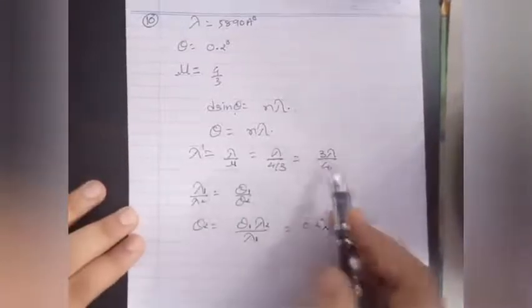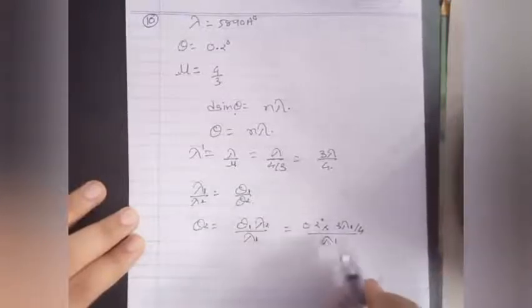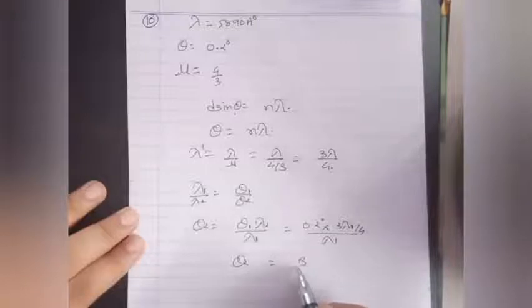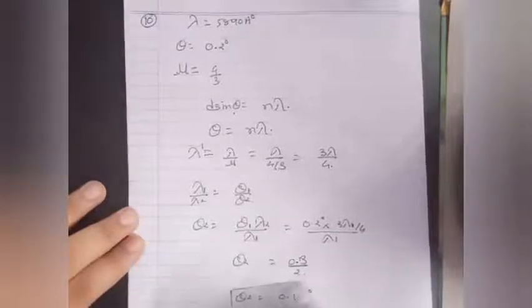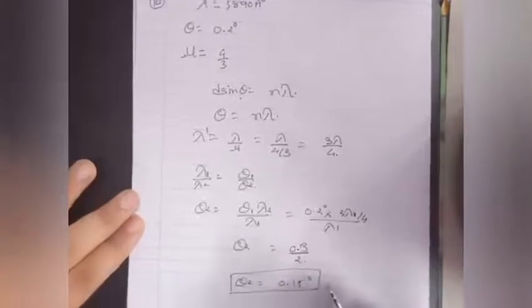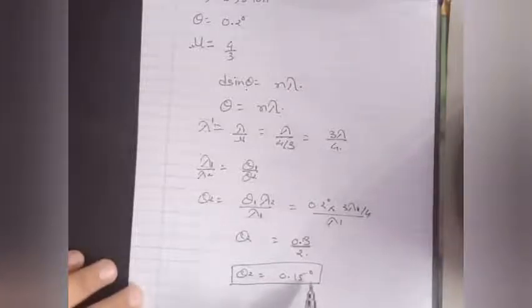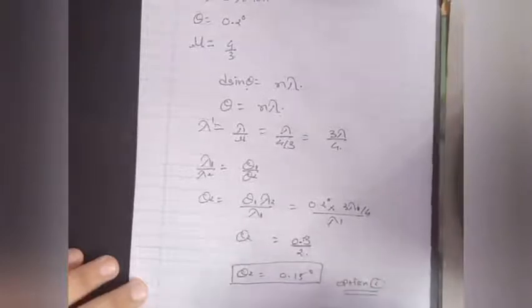Lambda 2, that is lambda dash, that is 3 lambda 1 by 4 divided by lambda 1. This lambda 1 will get cancelled out. So, theta 2 will be 0.6 divided by 4, that is equal to 0.15 degree. So when it is immersed in liquid of refractive index 4/3, the angular fringe width will be 0.15 degree. So option 2 is the correct option.